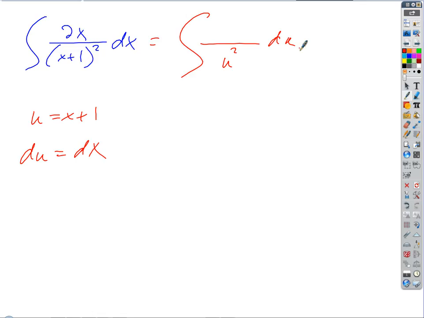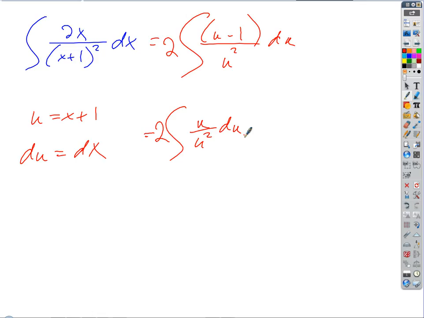What's x equal to? u minus 1. Exactly. That's much better, isn't it? Now I can split that up into 2 separate integrals, right? If I split the fraction, I've got the integral of 2u over u squared. Well, that's no big deal, right?